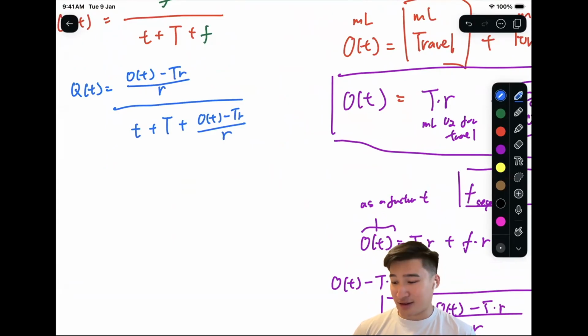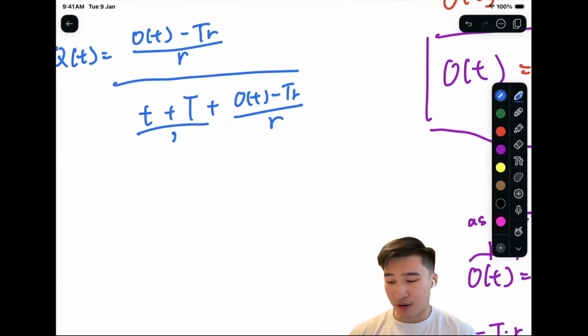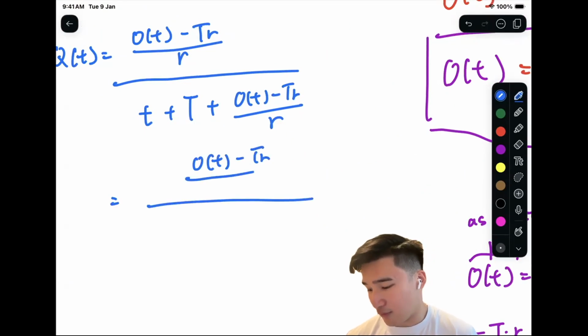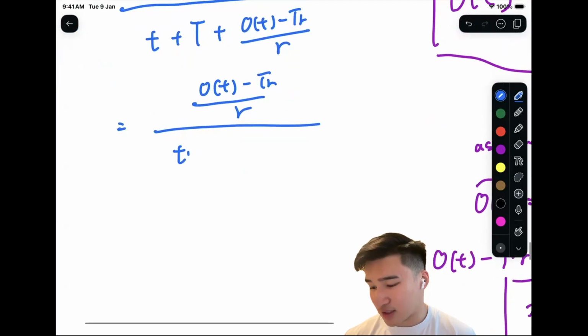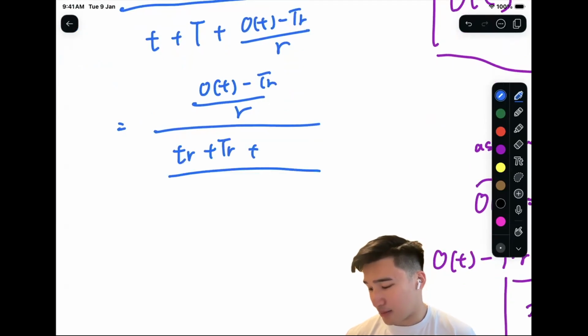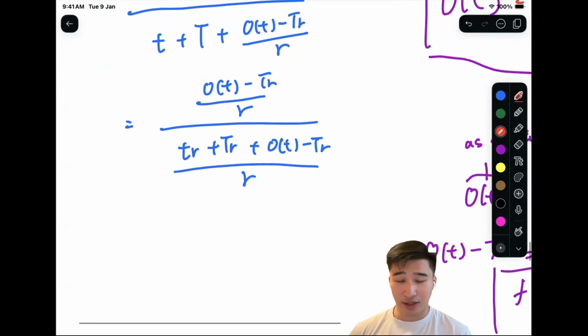And obviously we're not done. We can actually just cancel the R, but before we can do that, we have to make sure this becomes over R as well. And to make this become over R, we can do this: OT minus TR over R, and then we have T, small t, and a big capital TR divided by our R, plus OT minus TR divided by our R. So after having this one, we can start doing cancellation.